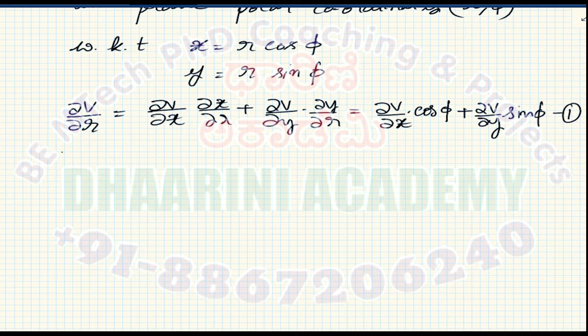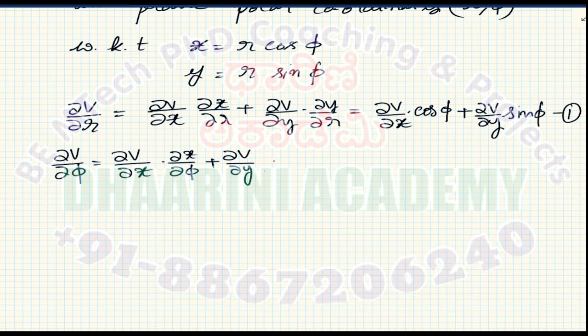Next, I need to calculate dou v by dou phi. A very similar equation is going to come: dou v by dou x into dou x by dou phi plus dou v by dou y into dou y by dou phi.